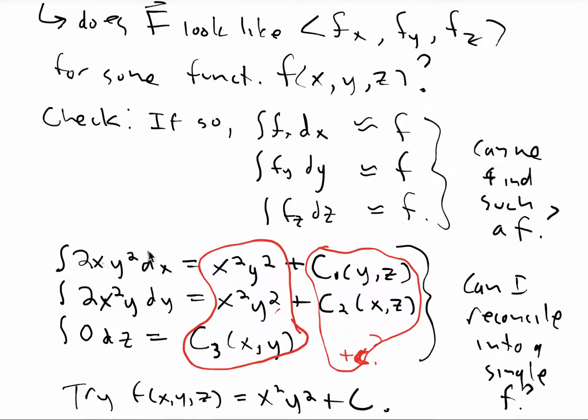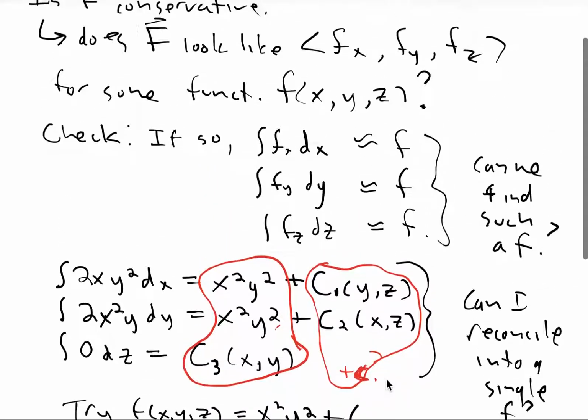That was what we started with in the first component. If I take a y partial of this, I will get 2x squared y in the second component, and then the c will drop off. Okay, that was exactly what we got here. If I take a derivative of this guy with respect to z, everything drops off. That was exactly what we had in our last component. So here, we actually directly solved, and we found whatever our function was.